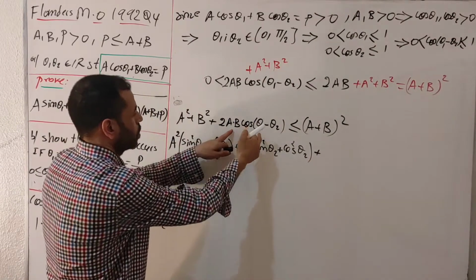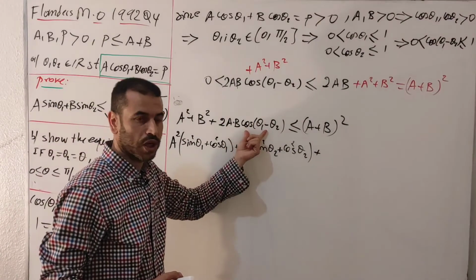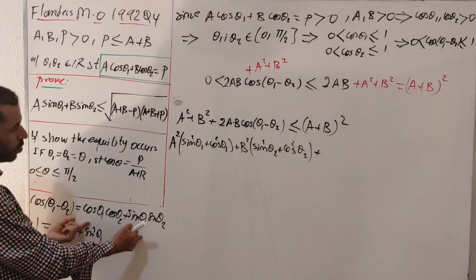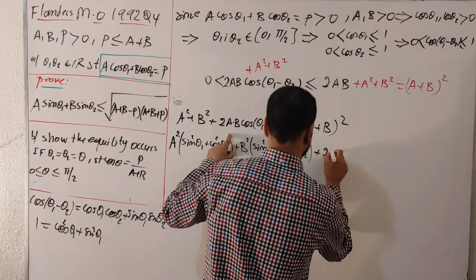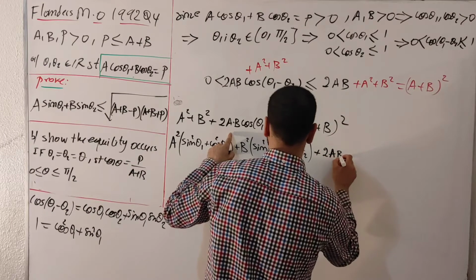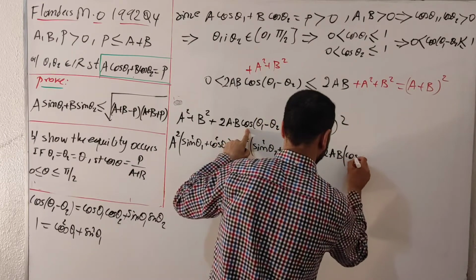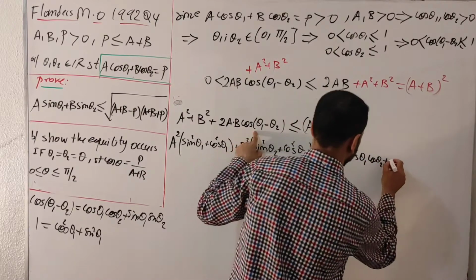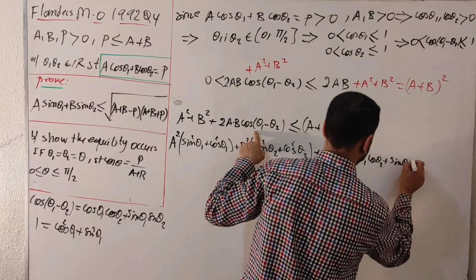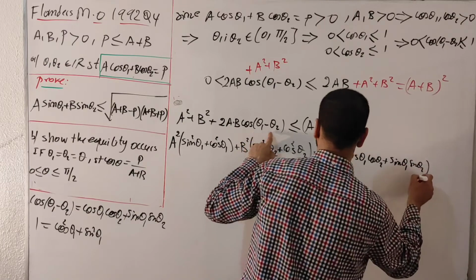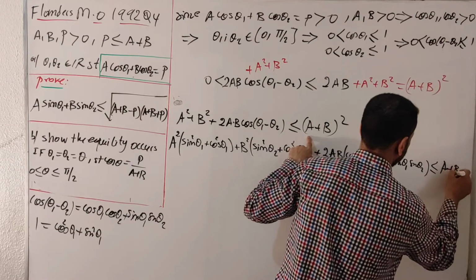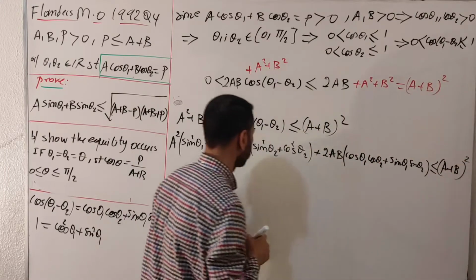Plus this term: I'm going to write cosine of theta 1 minus theta 2 as the expression I have shown before, which is 2 times capital A, capital B multiplied by (cosine theta 1 cosine theta 2 plus sine theta 1 sine theta 2). All of this is less than or equal to (capital A plus capital B) squared.